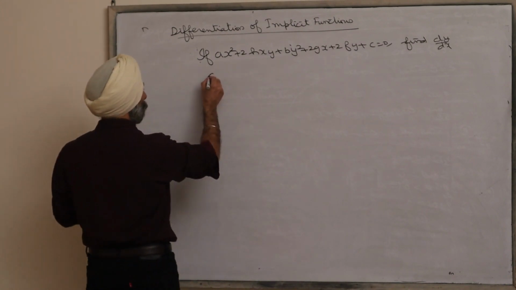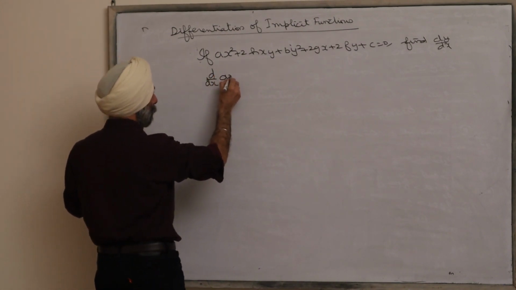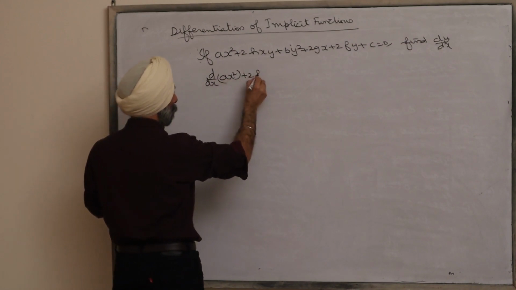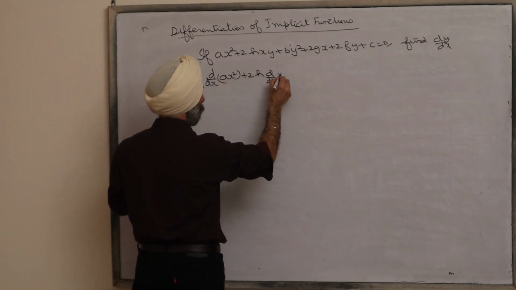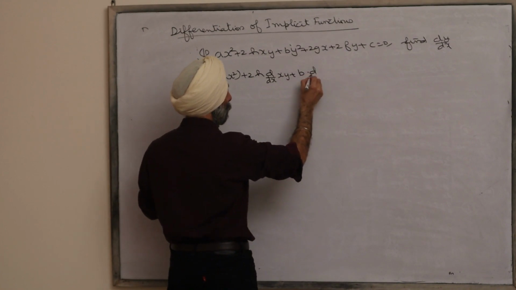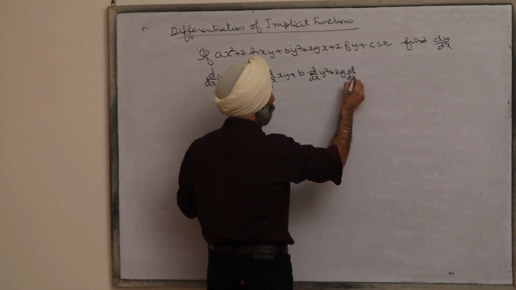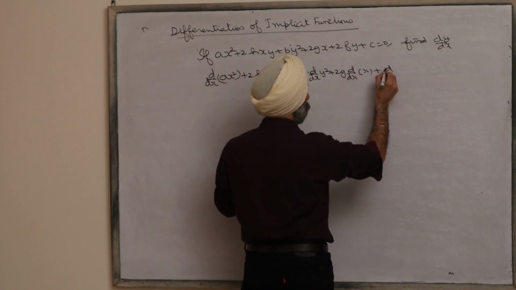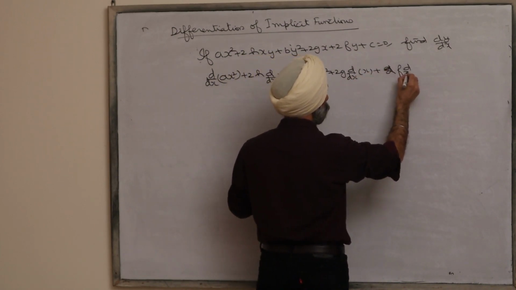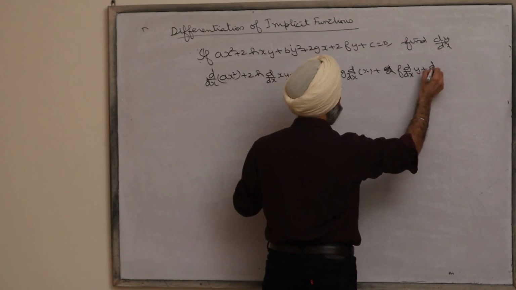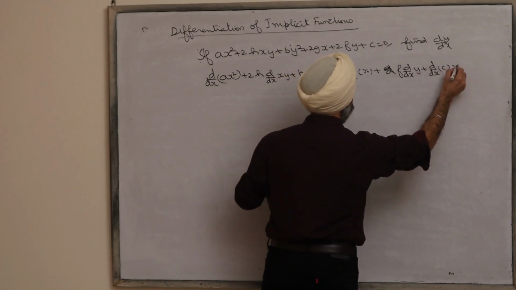So d over dx of ax square plus 2h times d over dx of xy plus b times d over dx of y square plus 2g times d over dx of x plus 2f times d over dx of y plus d over dx of c, this is equal to 0.